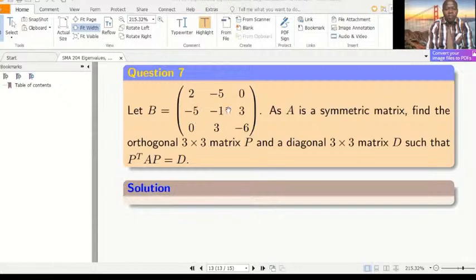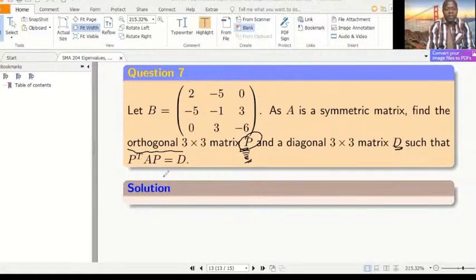That the transpose of B is the same as B. That's what we mean by a symmetric matrix, just to remind those who may not remember. Now, the question here asks us to find the orthogonal matrix: find the eigenvalues, eigenvectors, then normalize the eigenvectors and write the normalized eigenvectors as the columns of P. That's what we want, and then also tell us what D is.